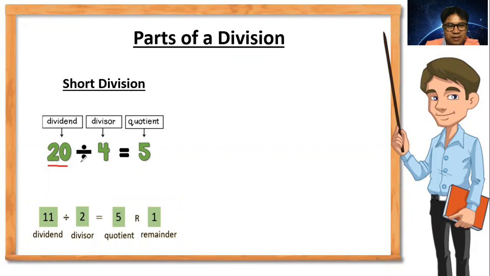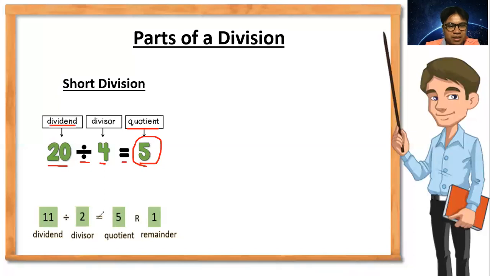This is the divide symbol. Then the second number is called the divisor. Then this is the equals symbol, and the answer is called quotient. All right, so don't forget these terms: dividend, divisor, and the answer is called quotient.